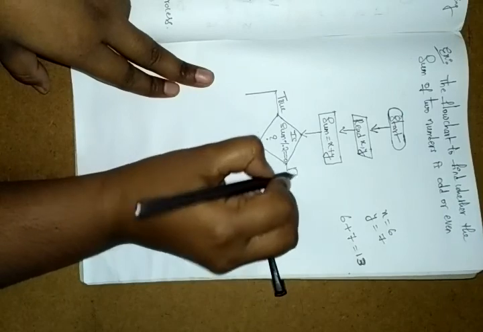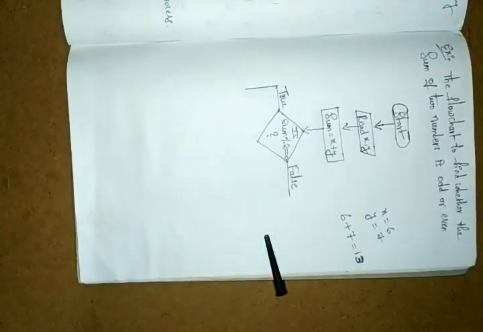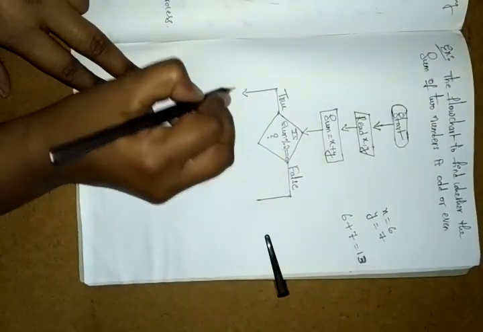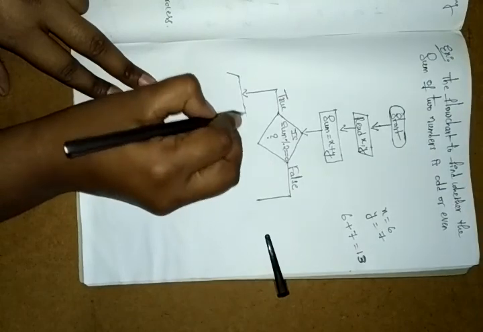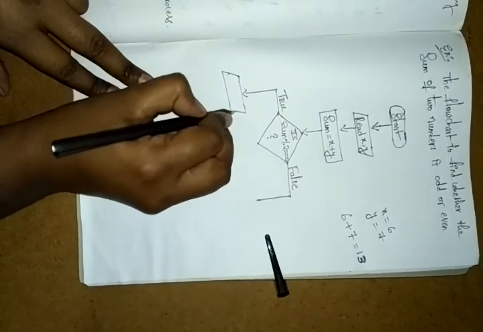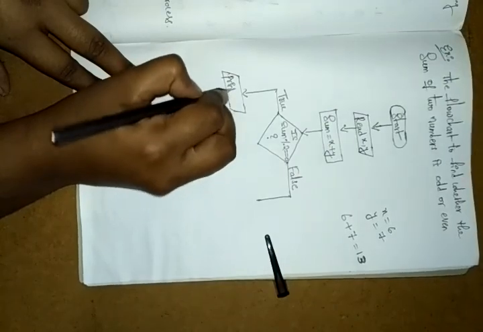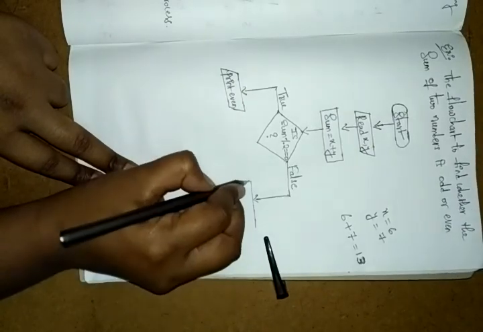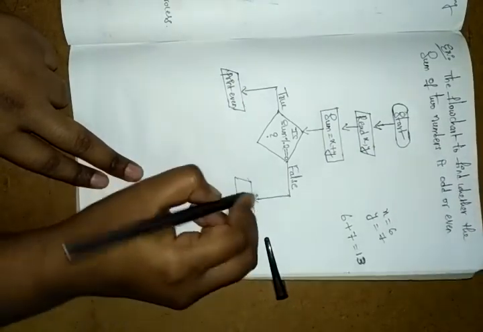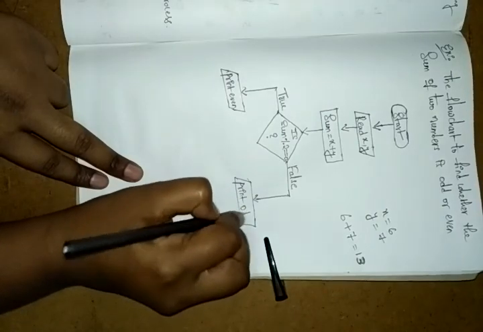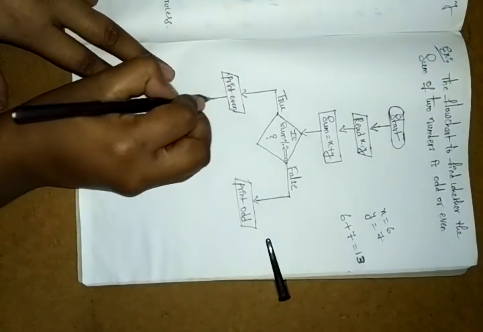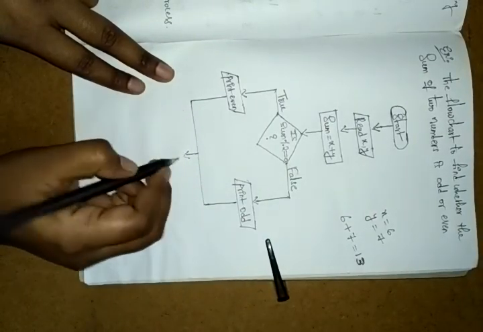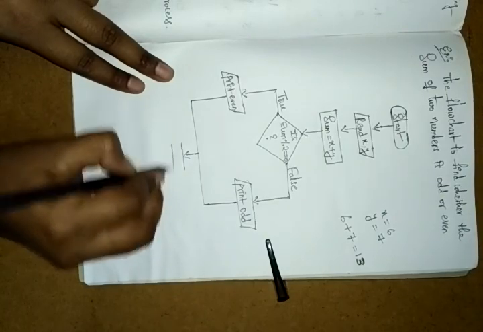If it is true, it prints our output with the parallelogram, print even. If it is false, our parallelogram output is print odd. These two come to here, and at last it stops our process with the oval symbol.